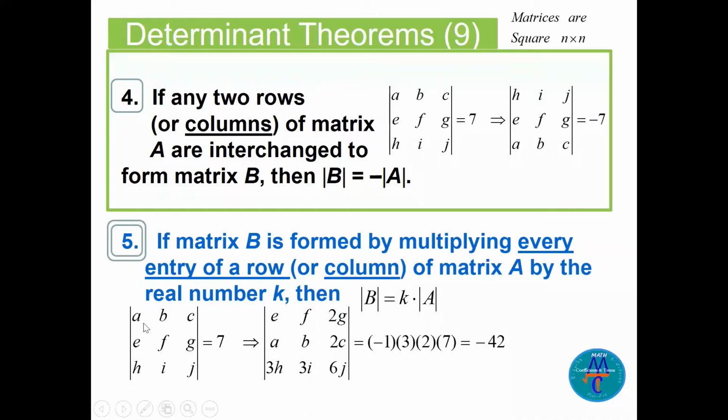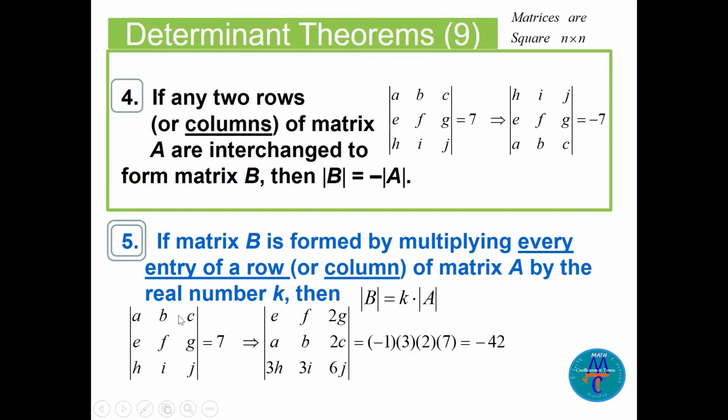Let's take an example here. If the determinant of A, B, C, E, F, G, H, I, J is equal to 7, let's find the determinant of E, F, 2G, A, B, 2C, 3H, 3I, 6J. The idea here is to look at the required question and compare it with the given.